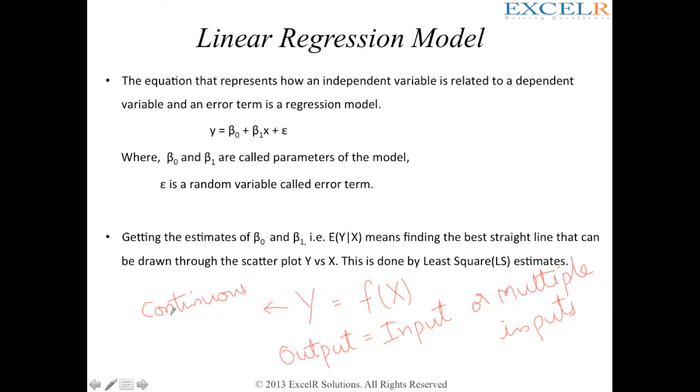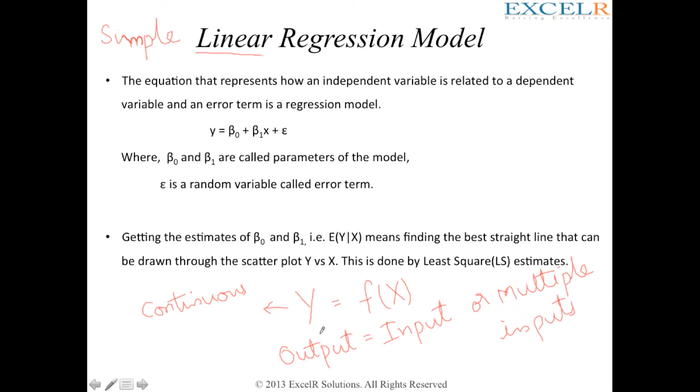So if the output variable of interest is continuous, irrespective of what your input variable is, we employ a technique called linear regression. And if we have only one input which influences the output, then we call it simple linear regression.